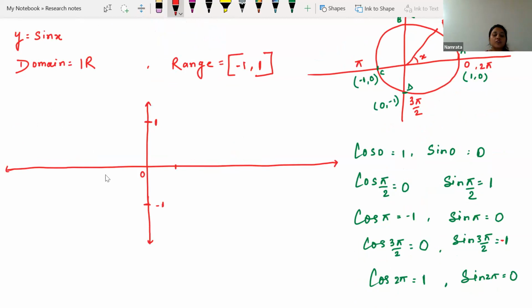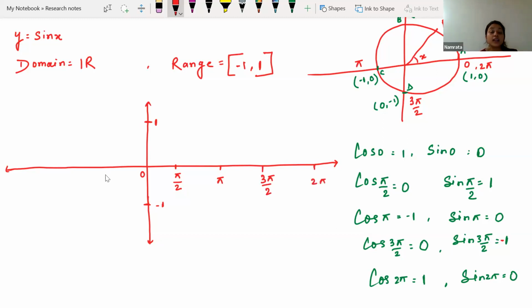Here the values of angles I am going to write. So 0, then pi by 2, then pi. From where am I writing? From the unit circle. You can check. After 0, when you go, it's pi by 2. After pi by 2, it's pi. Then after pi, it's 3 pi by 2. And then it's 2 pi.